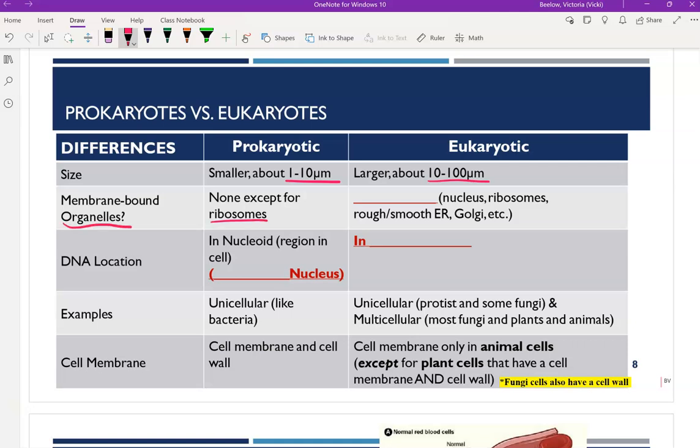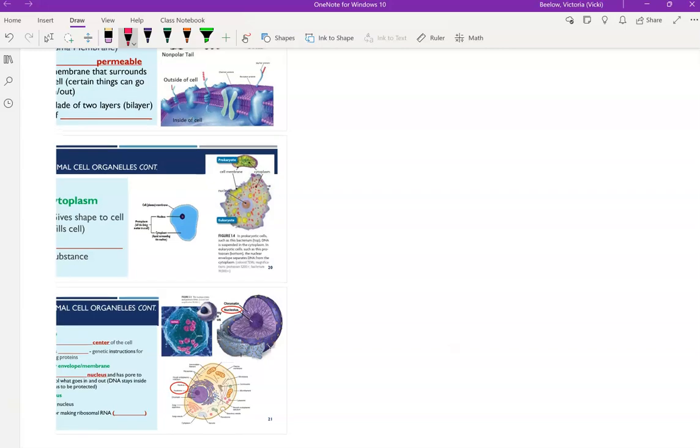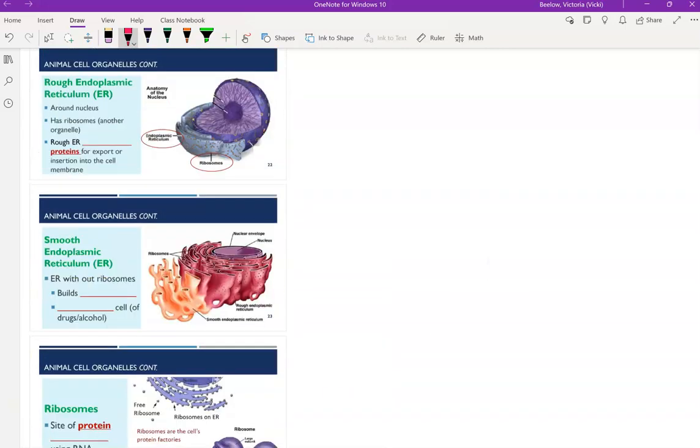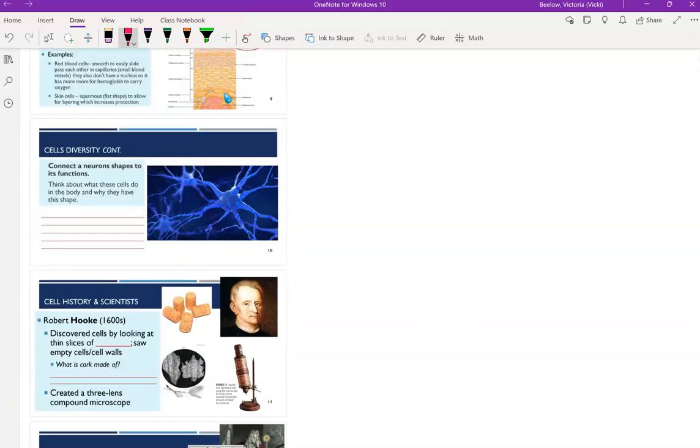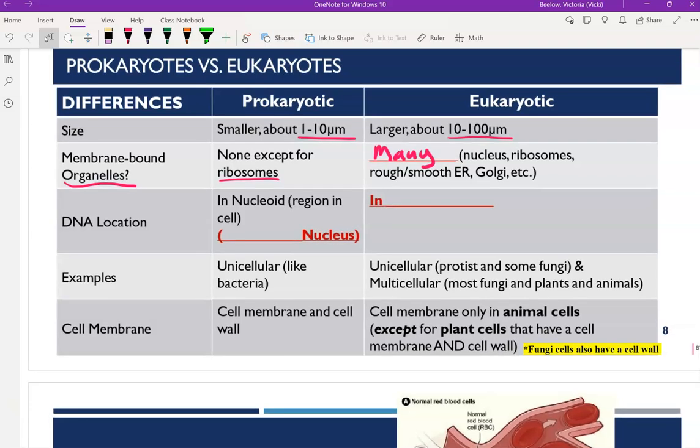Prokaryotes only have ribosomes, versus eukaryotic cells have many organelles, and we're going to talk about those organelles later. If I scroll down, these are all the different types of organelles we're going to talk about, which is a lot, okay? Remember, organelle means tiny organ, and they all have specific jobs in the cell.